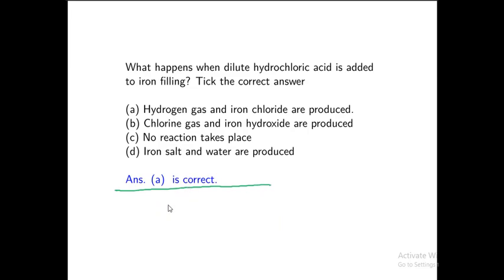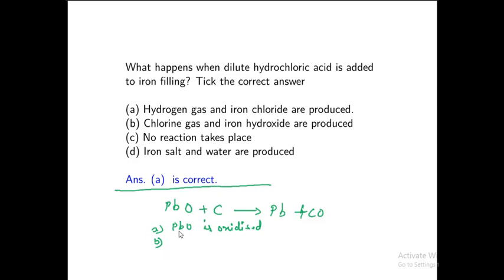So in the next question, we'll see one more question. PbO, lead oxide, is going to react with carbon to form lead and carbon oxide. So what happens in this equation? You have options like: PbO is oxidized.